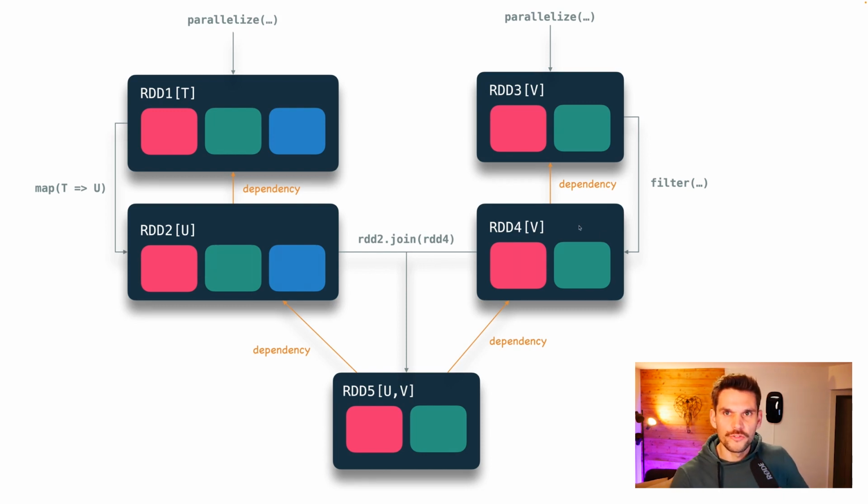We get a new child RDD, RDD4, which is of the same type, and it also references its parent here. And then we want to join these two by applying the join coarse-grained transformation. And we end up with a new RDD, RDD5, which is a combination of U's and V's. And this RDD has a dependency to both of its parents.